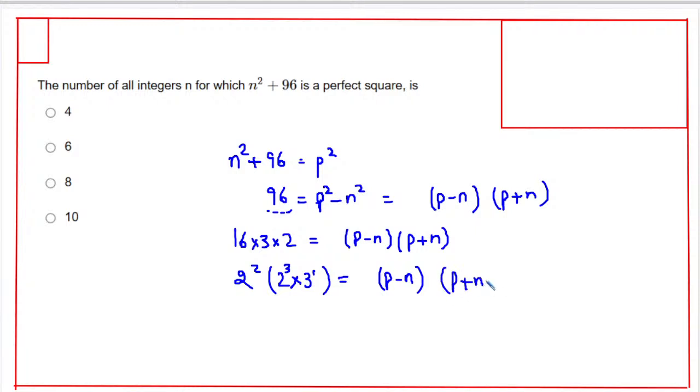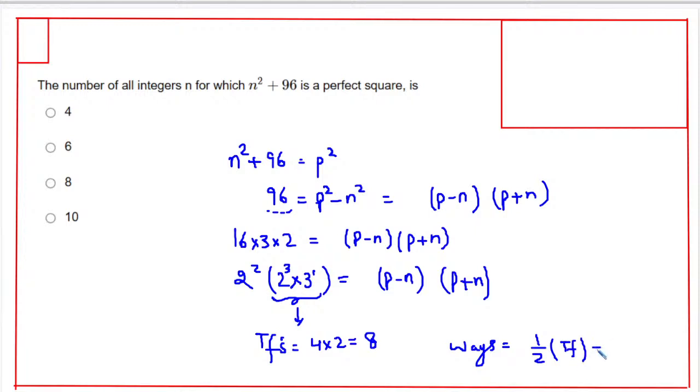These are some methods that we have discussed. The total factors are 4 into 2, 8 factors. The number of ways are half of this, 4 ways. But those 4 ways are only for positive integers.